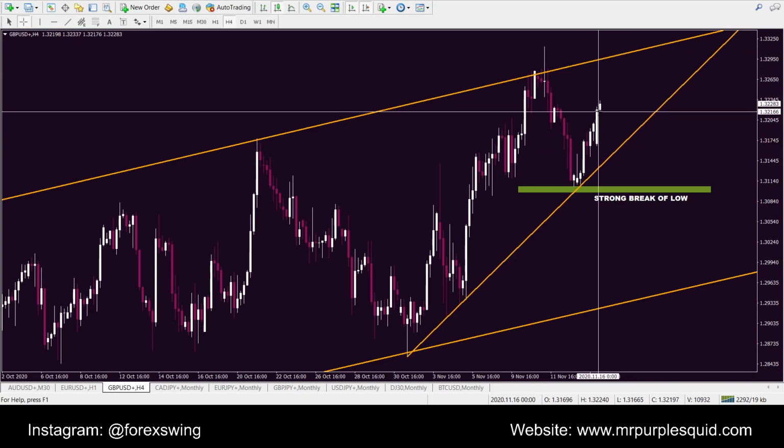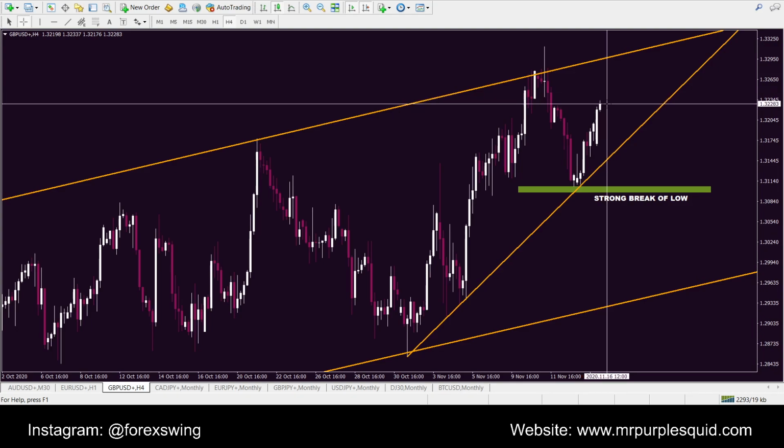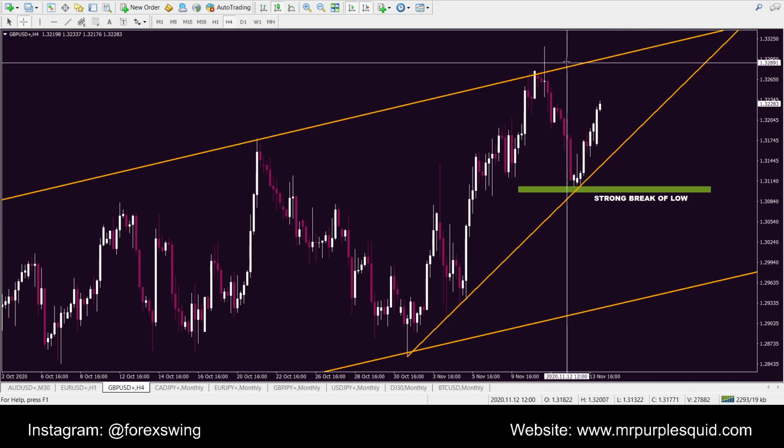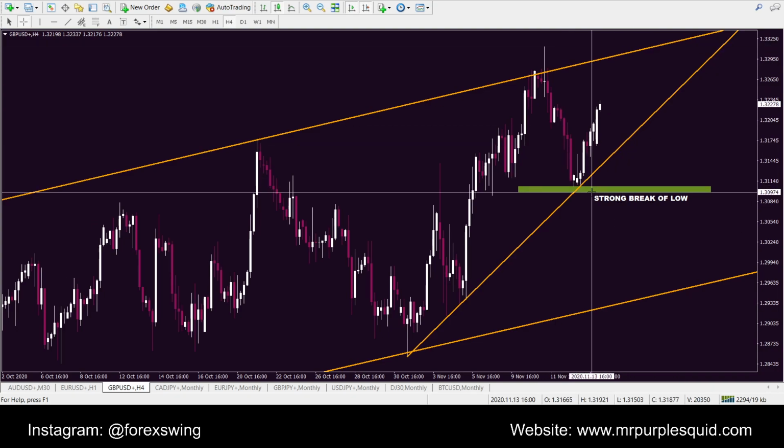So I would definitely have to see how the market develops during this week before I'm even interested in a buy. But as is, I would definitely take a sell if I get a break of this low. For the buy, I would have to wait and see if something has developed, right? So only one setup so far, and that's on GU.